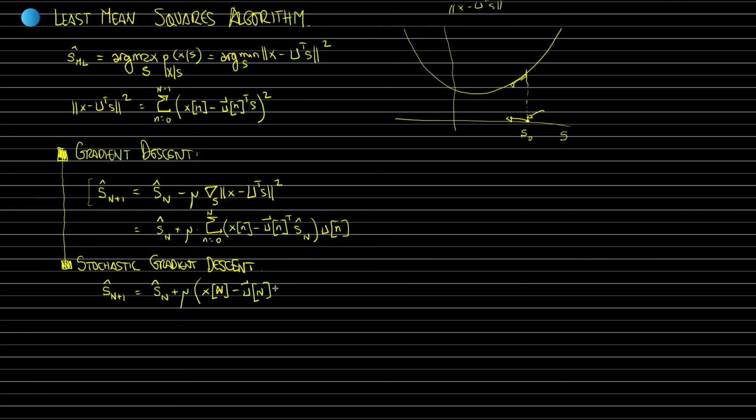And the result, this is capital vector u, is this algorithm here, that we call LMS, or least mean squares.